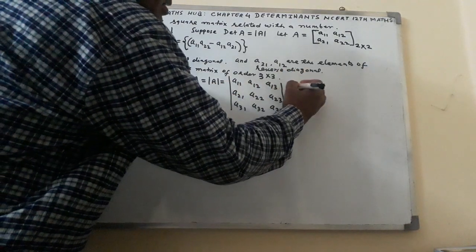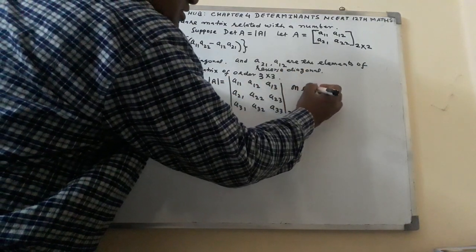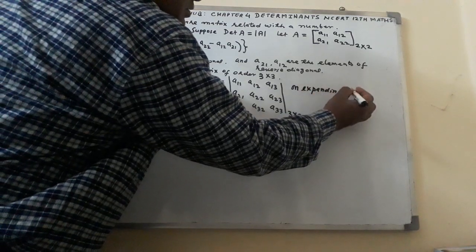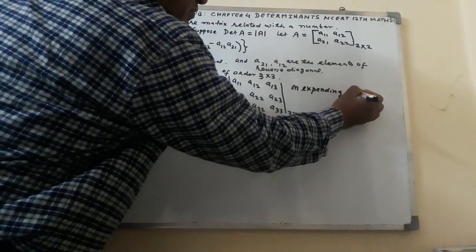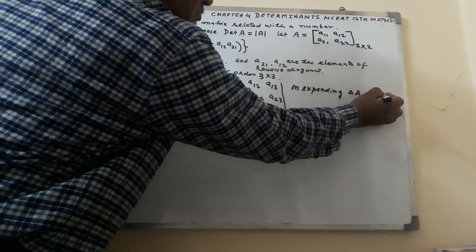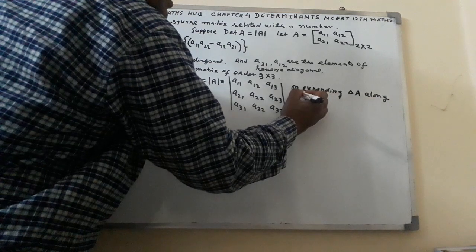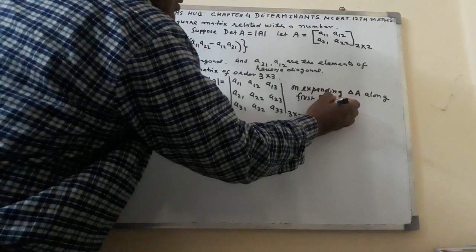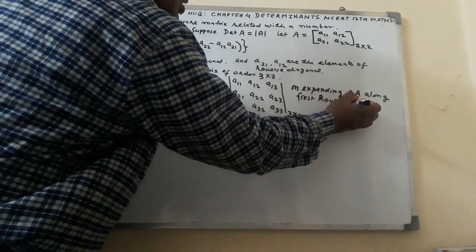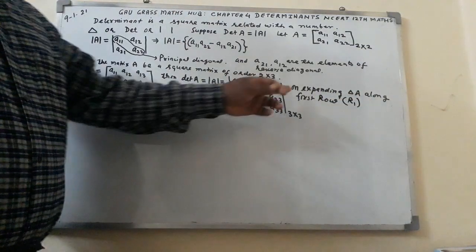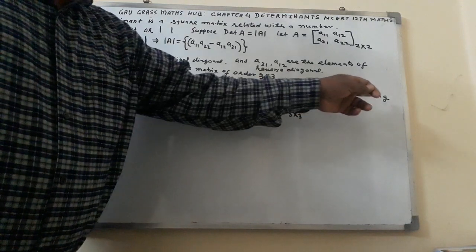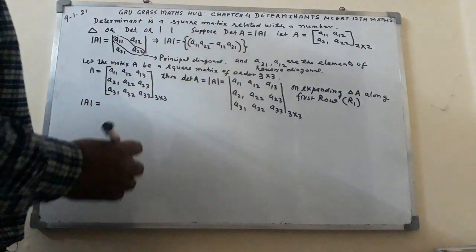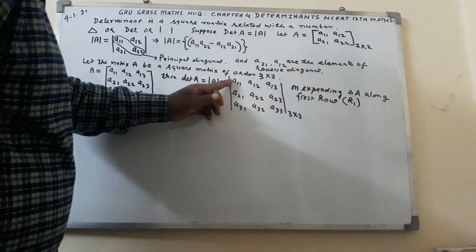So here I shall write: on expanding det A along first row R1. So we shall get, here you can see first row.